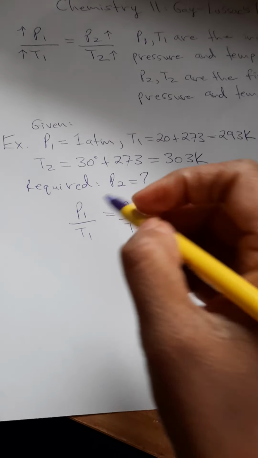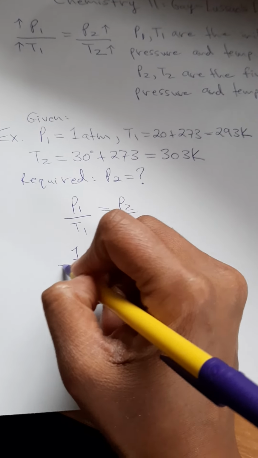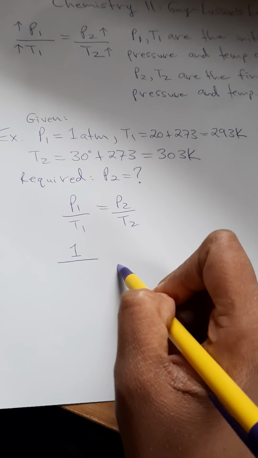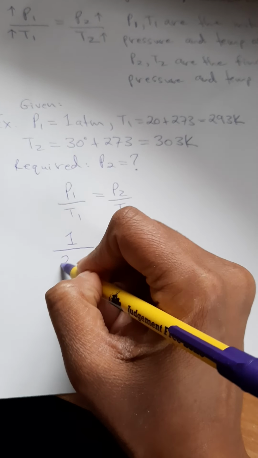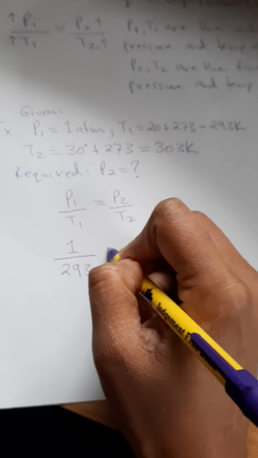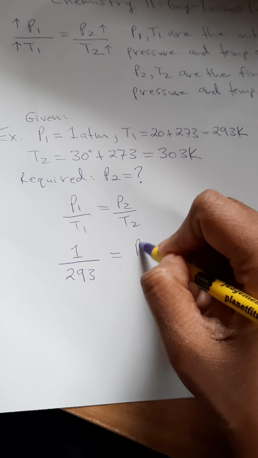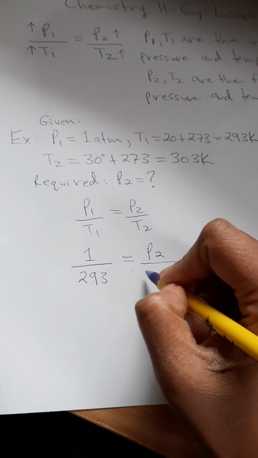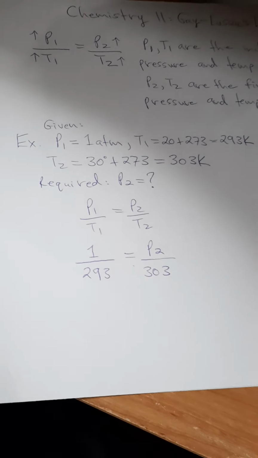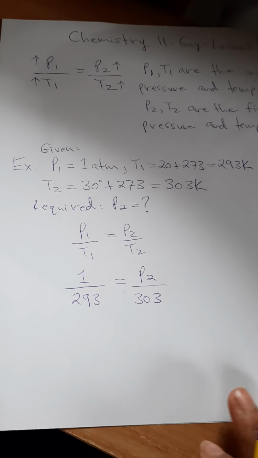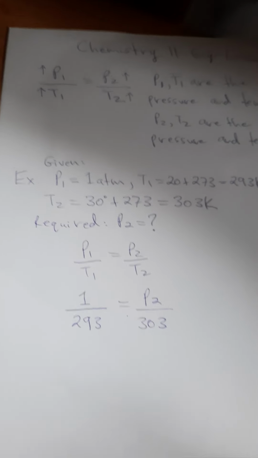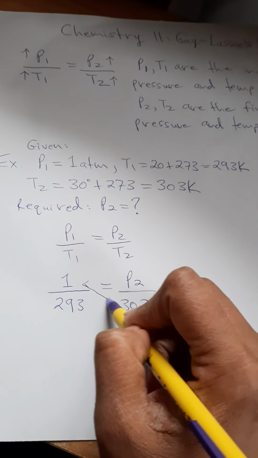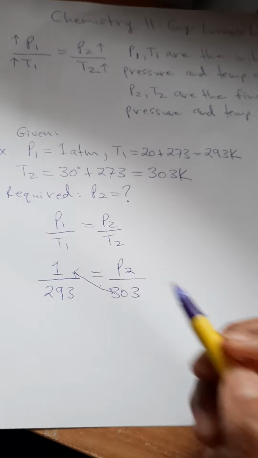I'm going to plug in my values now. P1 is 1, and no need to actually put the units here. T1 is 293. We are looking for P2, and T2 is 303. Does everyone see that? Now we're going to cross multiply this. I'll make an arrow so everyone can see.